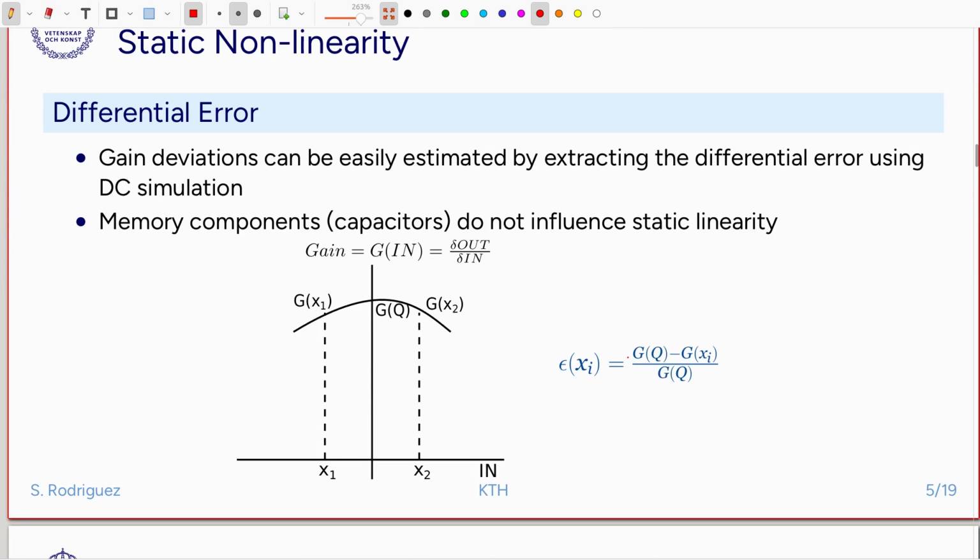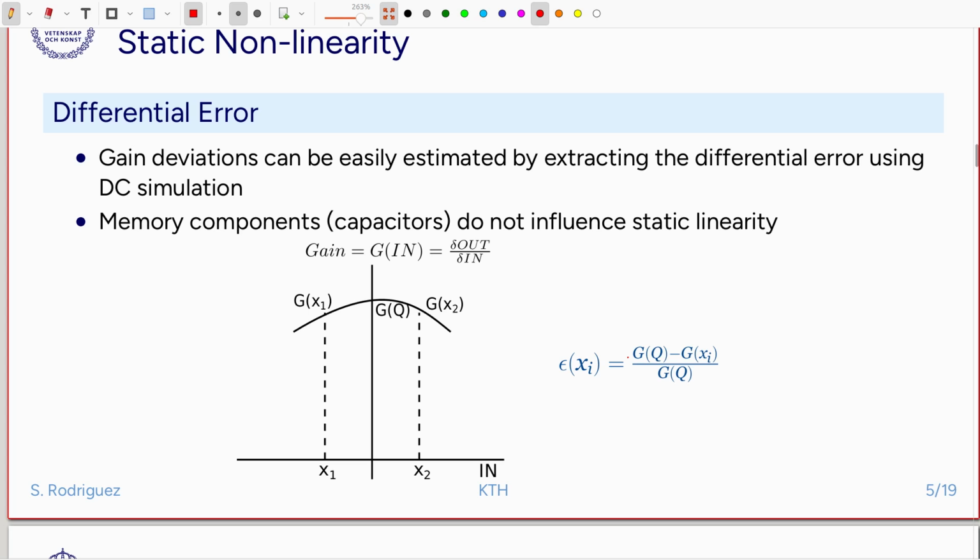So the static nonlinearity, as I mentioned before, will depend on the nonlinear behavior of the transfer curve of the transistor, the drain current at weak, moderate or strong inversion. These nonlinearities will produce gain deviation, and they can be easily estimated by using simulations, DC sweep simulation, as I'm going to show you very soon.